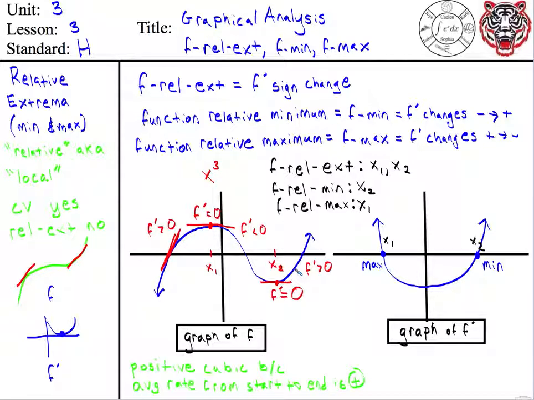Mr. Swindell, do you only have to do that for the second graph? Because it's way easier to do that on the second graph than the first graph. On the AP test, they will give you both of them, f and f prime, to look at.